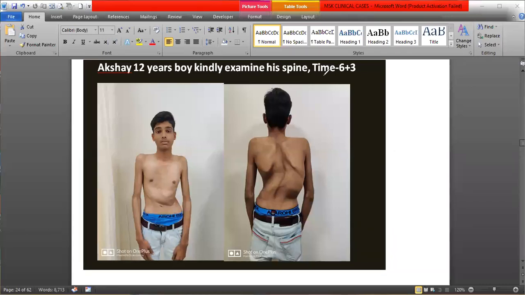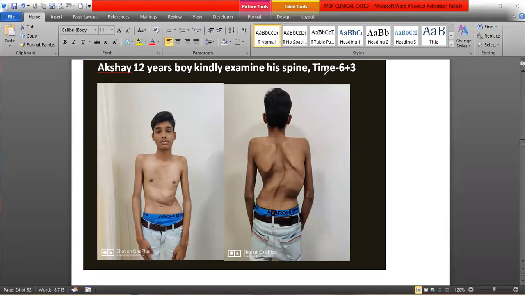Today I have examined a 12-year-old boy, Akshay, who doesn't look well grown for his age, and there is a severe scoliosis of his thoracic spine towards the right side, which is compromising his lung function and causing a restrictive lung disease, evidenced by pulmonary hypertension and basal crepitations on the lung fields.